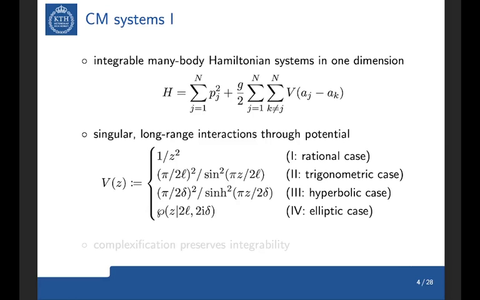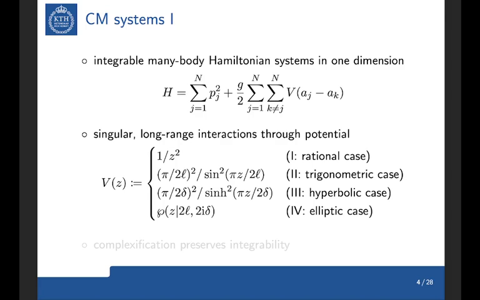So in all cases, all choices of V, you get singular long-range interactions. The long range here means that we don't have just nearest neighbor interactions, but rather this double sum runs over all j not equal to k. The possibilities for V are listed here.